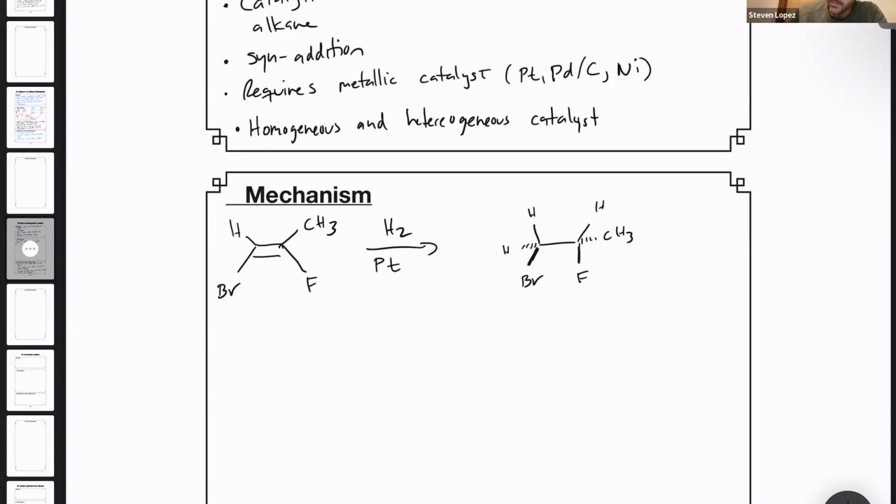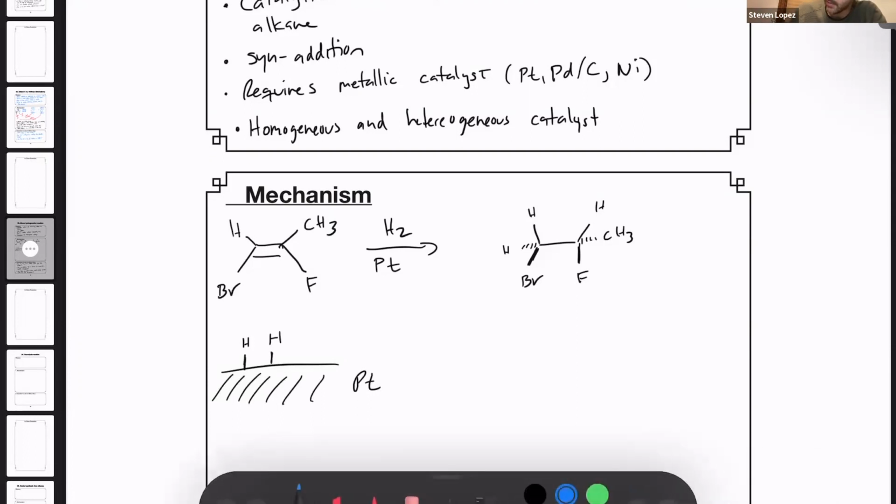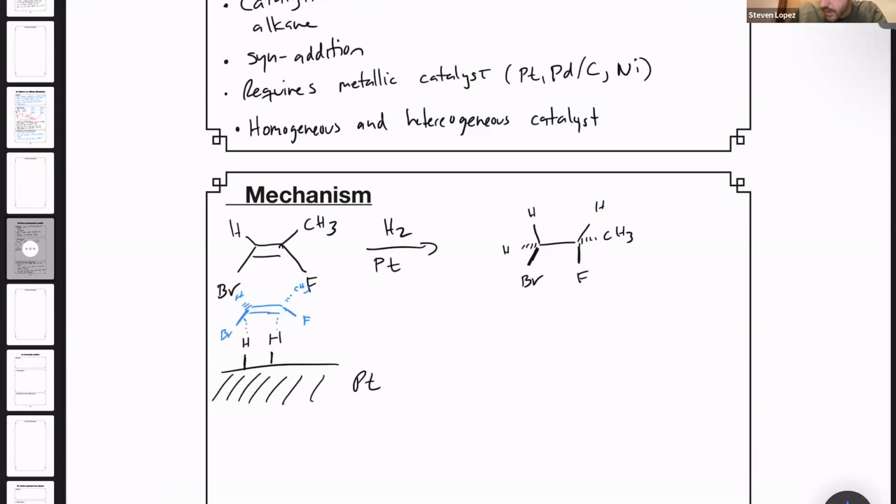What platinum does is it provides a surface by which we can absorb hydrogens. And then the alkene will attach itself and interact directly with these hydrogens that are here. So the transition state involves the alkene coming and adding from the top of those two hydrogens, so they add at the same time.